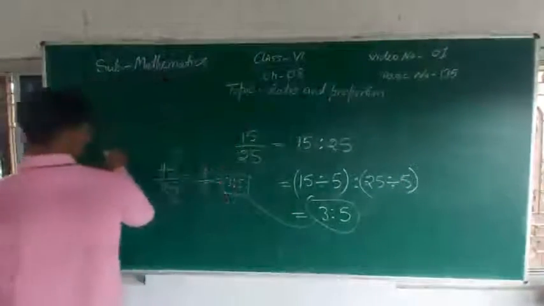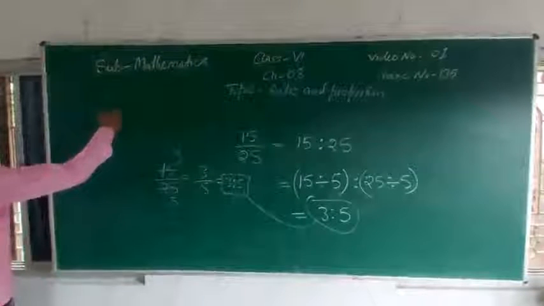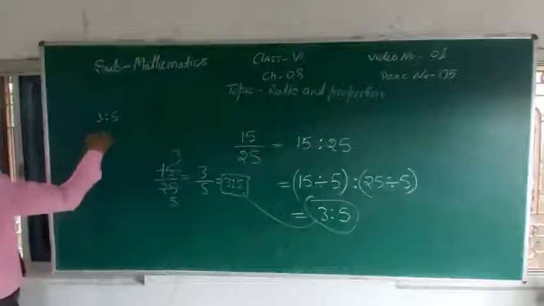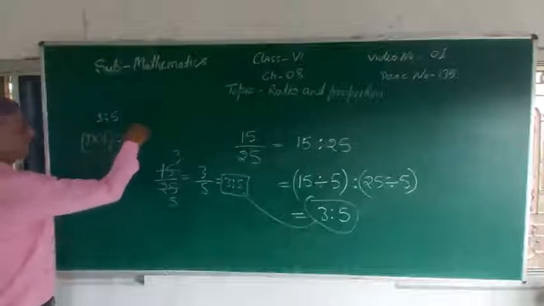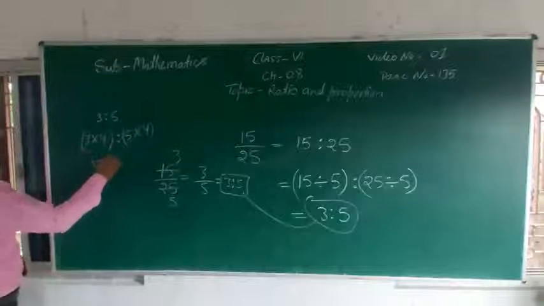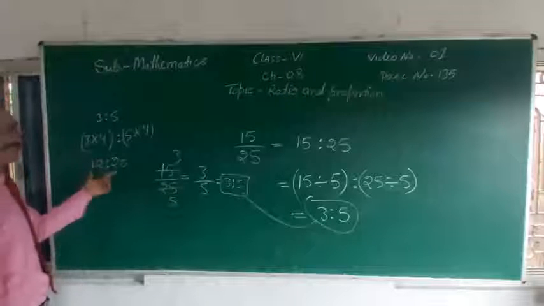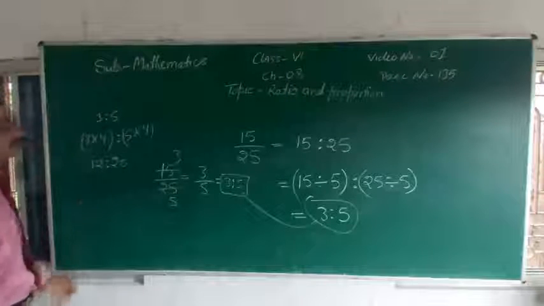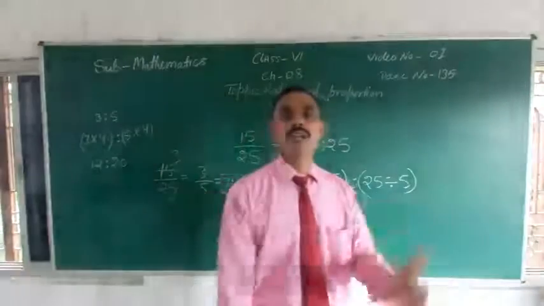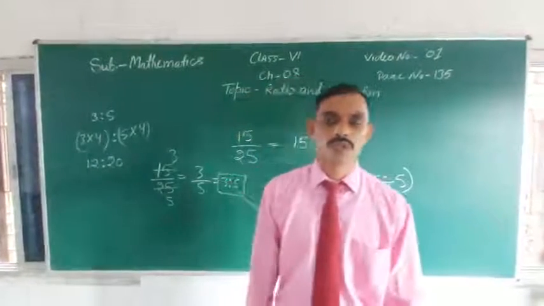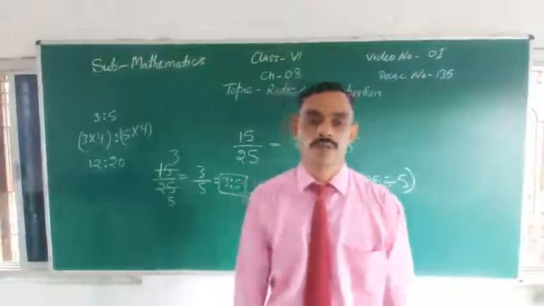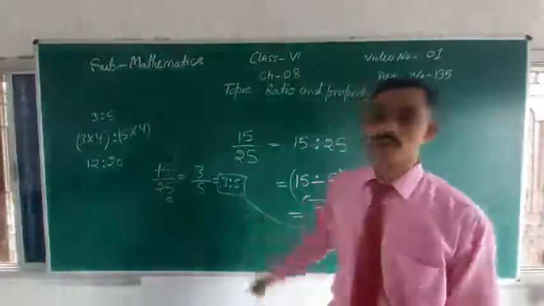Look, if 3:5 is there, we can multiply by 4: 3 multiplied by 4 ratio 5 multiplied by 4. We have 12 ratio 20, which we can further find in the form of 3:5 after dividing by 4. So students, these are some points which you have to keep in mind. Clear? Please note this one.